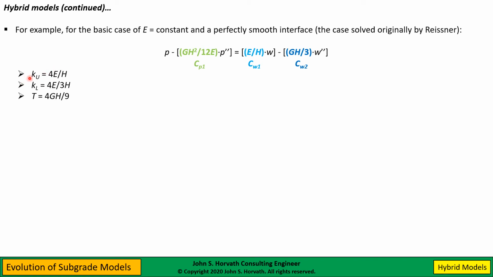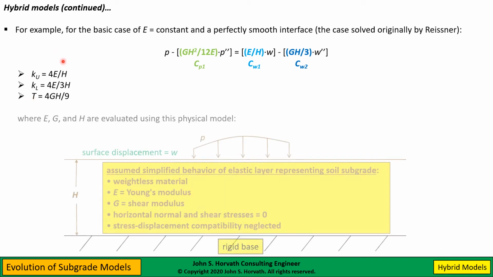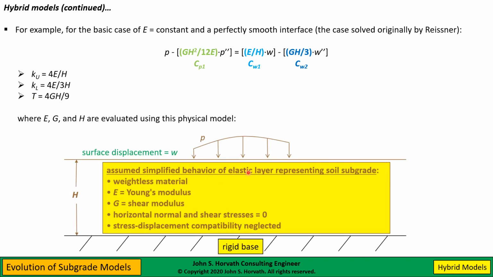how you would quantify the spring stiffnesses and this fictitious tension membrane in terms of the elastic parameters and physical thickness of this subgrade. So this is the heart of what I call the hybrid subgrade model process.